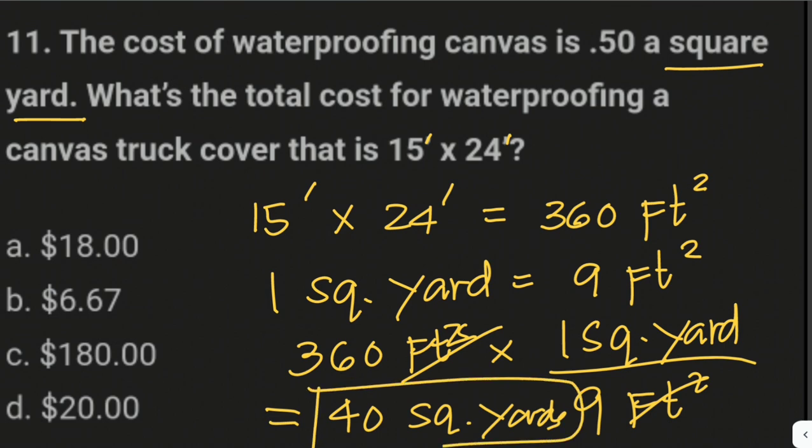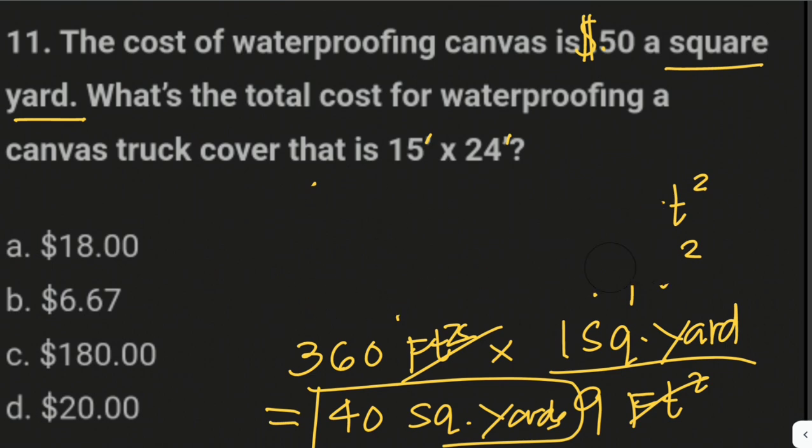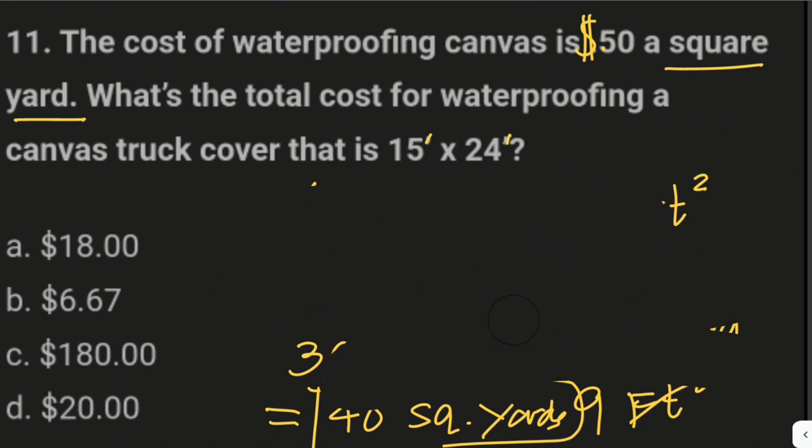Now we can solve for the total cost for waterproofing. I think 0.5 here is cents, so that would be $0.5. And we just have to multiply by 40 square yards.